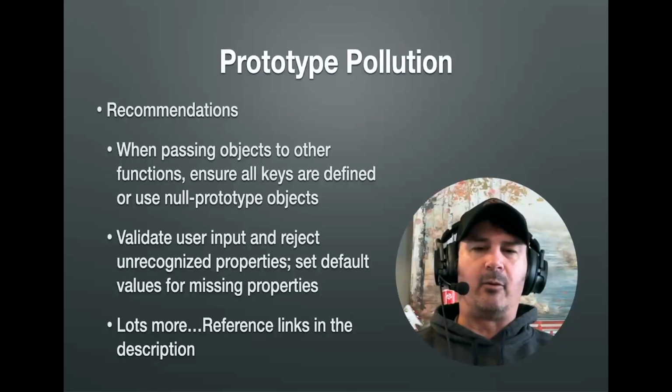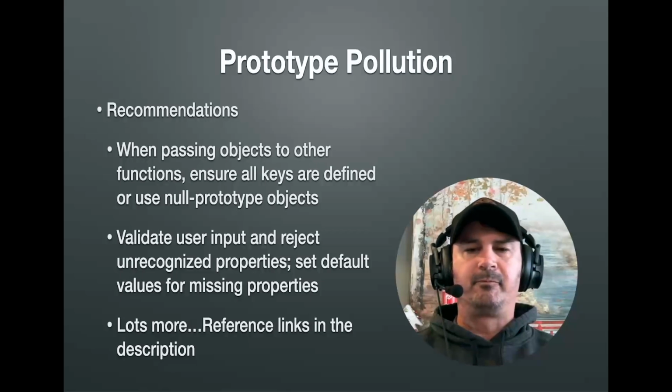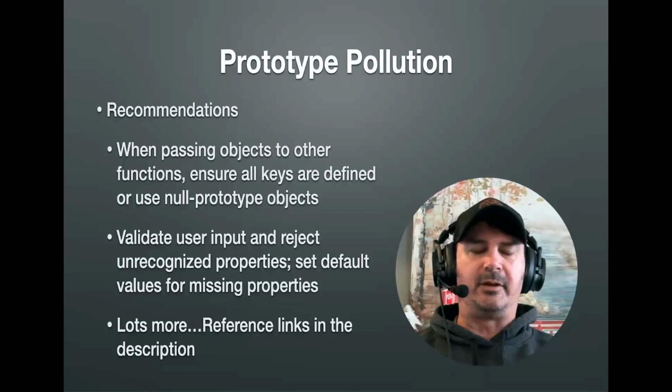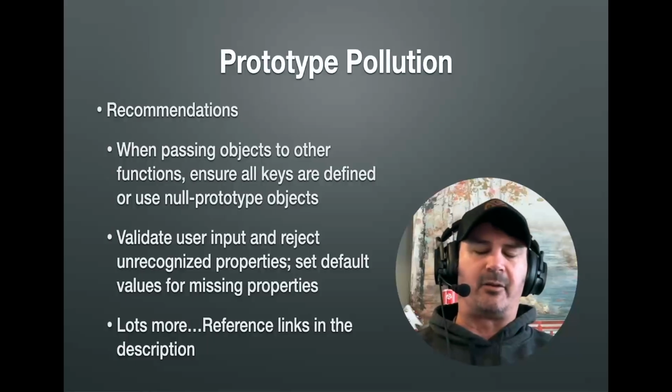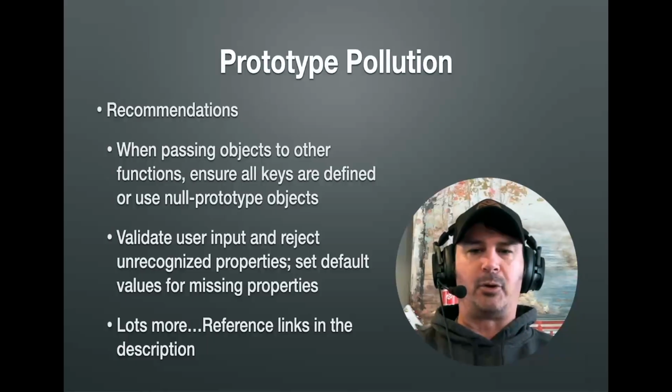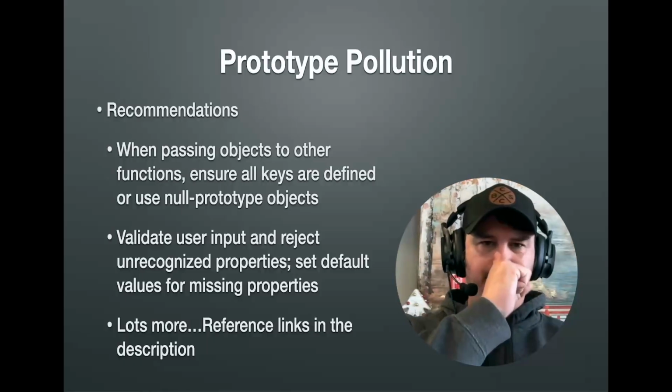And that will prevent the prototype pollution vulnerability, because it will not have to look up the prototype chain to find that property.